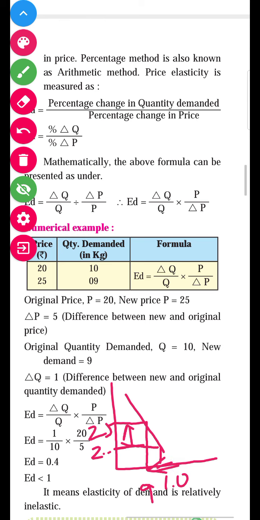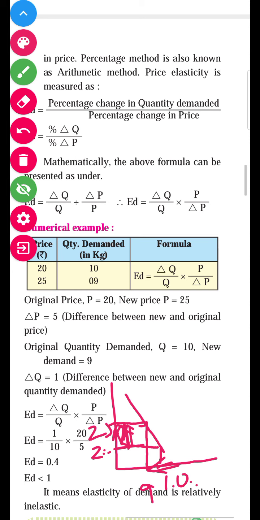Here the price changes more, from 20 to 25, and demand changes very little, from 10 kg to only 9 kg, means only 1 kg demand falls, but price increases by 5 rupees.